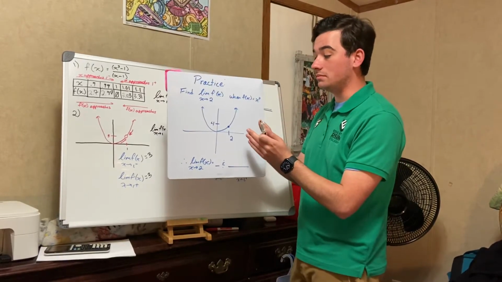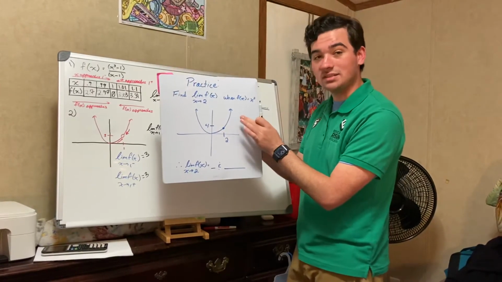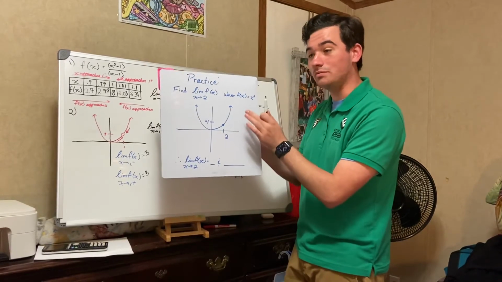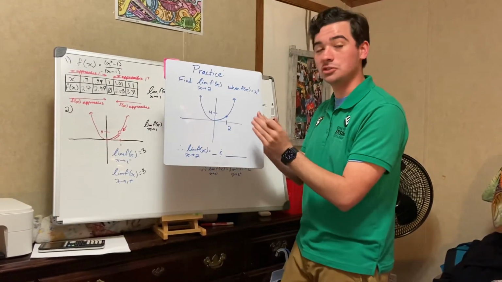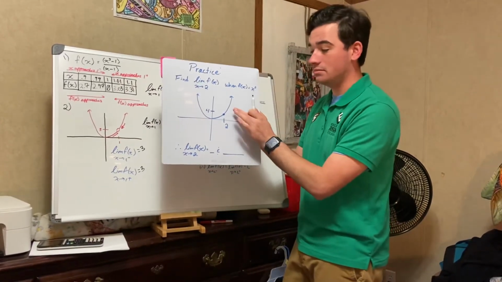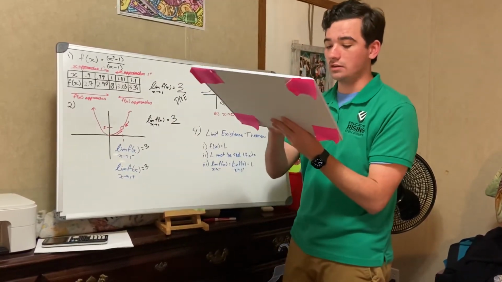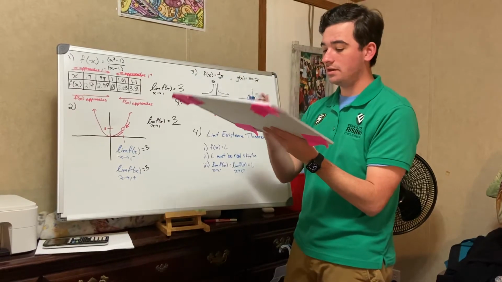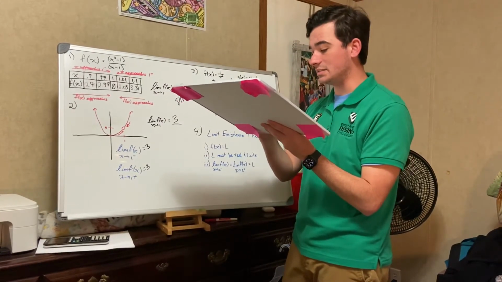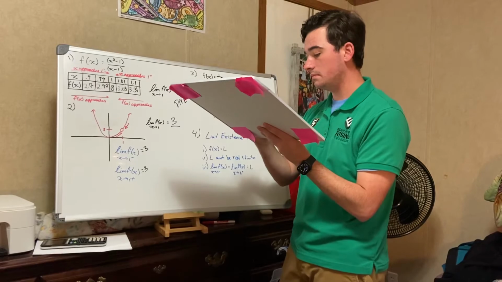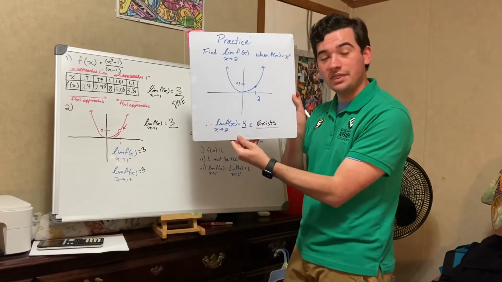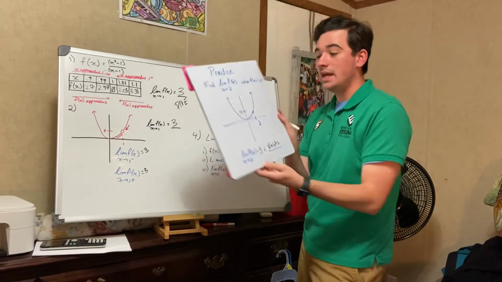And does f of 2 equal the limit of f of x as x approaches 2 from the left and right? Yes, that's true. That's all true. Therefore, our limit is 4 and it exists. So that was our practice problem.